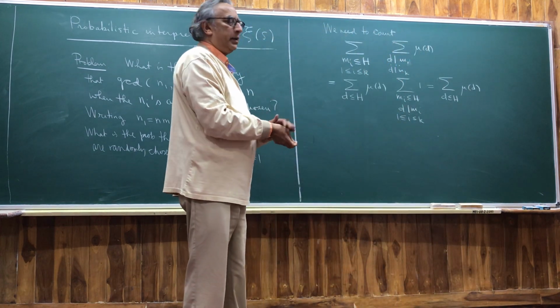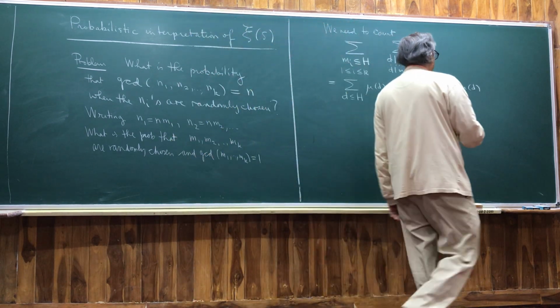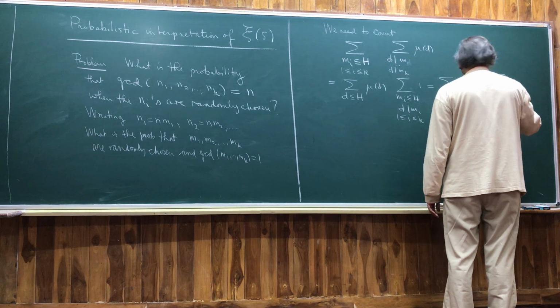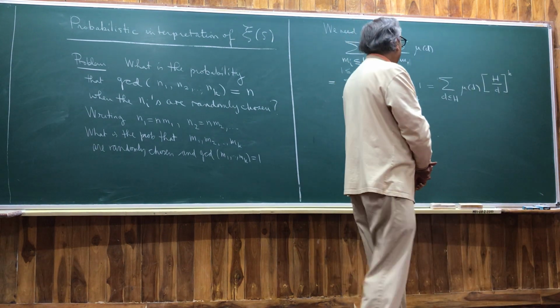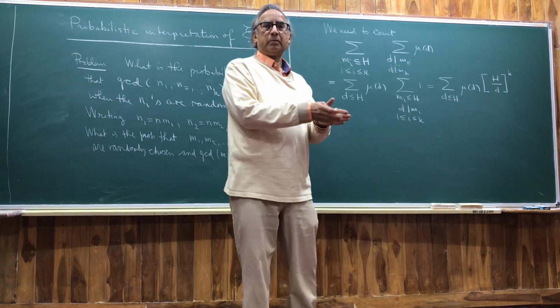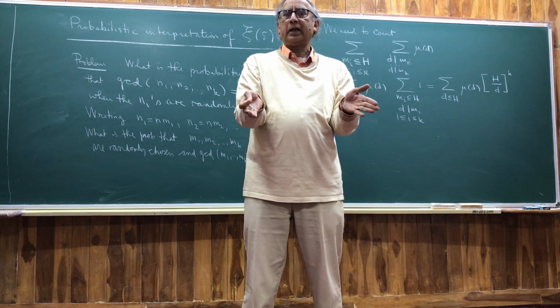You're counting how many things are in a box, divisible by D. So this number is nothing but H over D to the power K. And if I look at how many elements there are in my box, well, H choices for each slot, and H to the K in total.